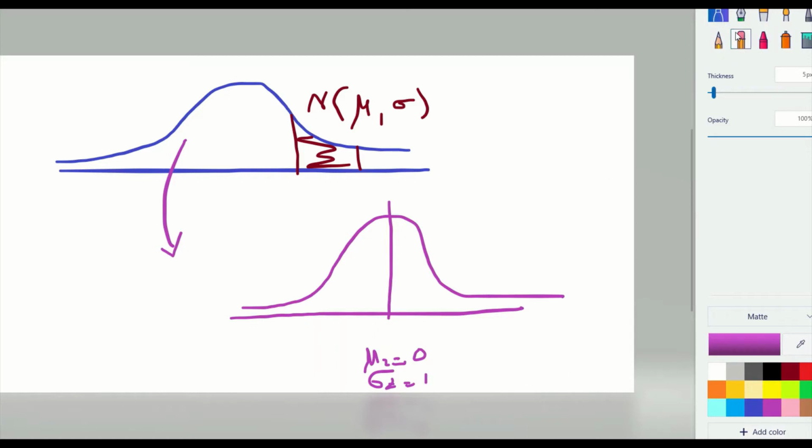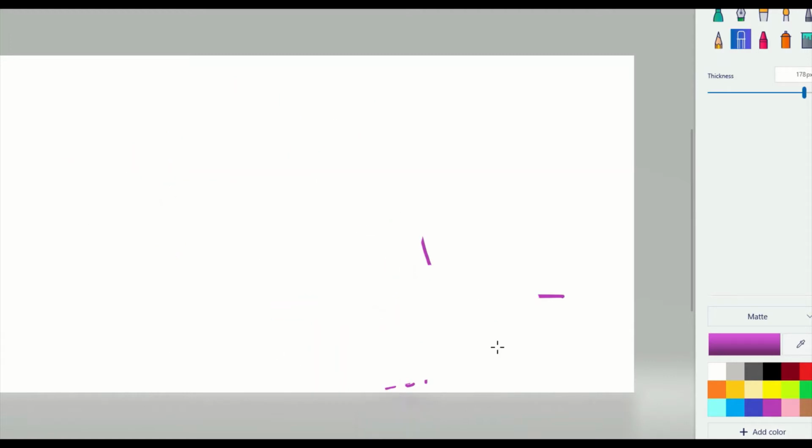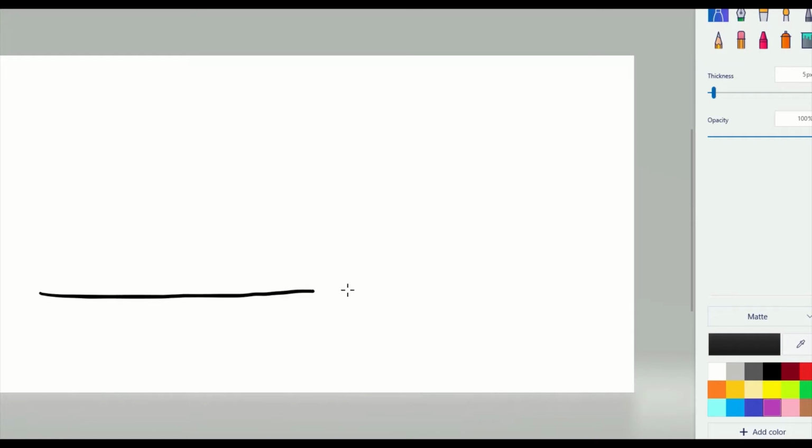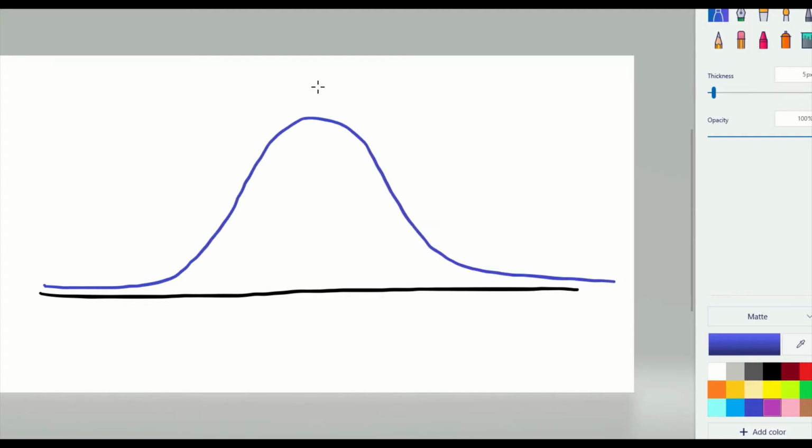Okay, so I'm going to draw it again to give a good understanding of the Z. What you should know about the Z is that it has a normal distribution and it's centered right at 0, and having a sigma of 1 means that if you go one standard deviation up, you reach value 1, another standard deviation you reach value 2, a third standard deviation you reach value 3, and then 4.